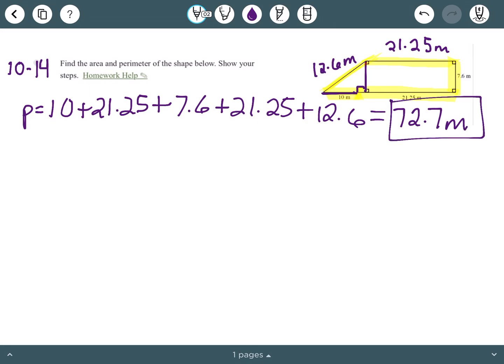All right, and that is our perimeter. And for perimeter, we're just dealing with the outside edges, so we don't need squared or anything, just 72.7 meters.